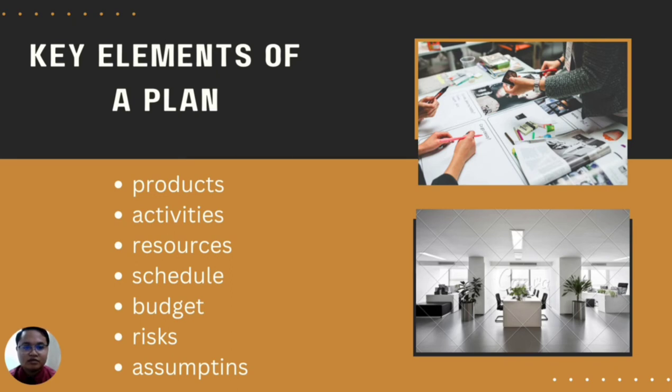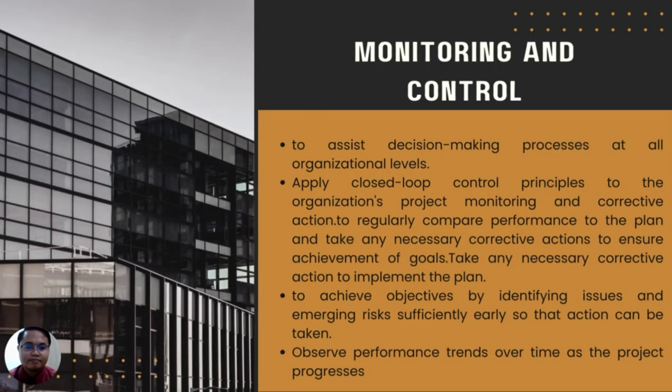These are the key elements of a plan: product, activity, resources, schedule, budget, risk, execution. Monitoring and control assist the decision-making process at all organization levels. Apply the closed-loop control principle to the organization's project monitoring and corrective action, regularly comparing performance to the plan.